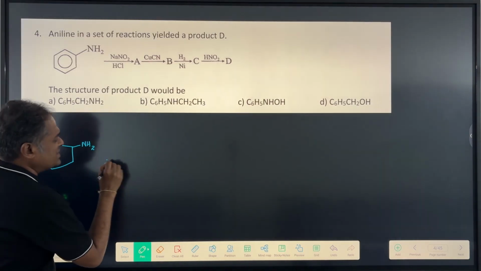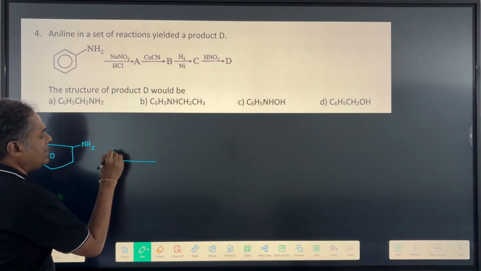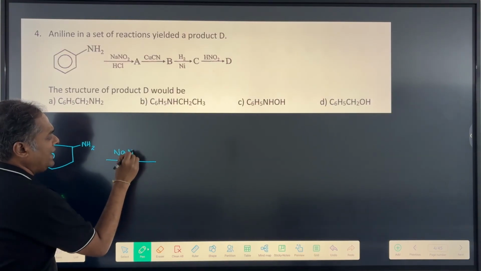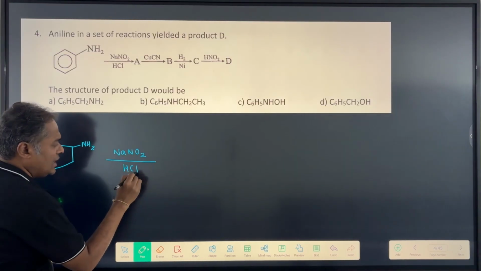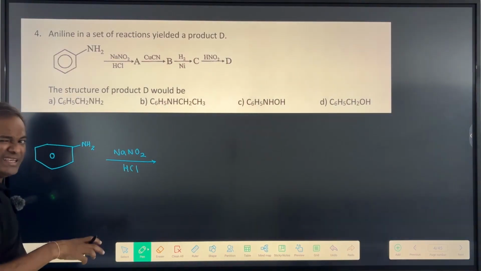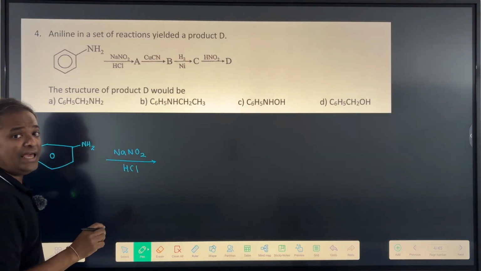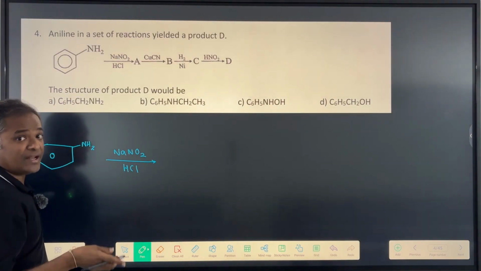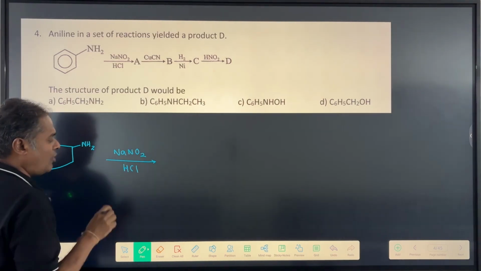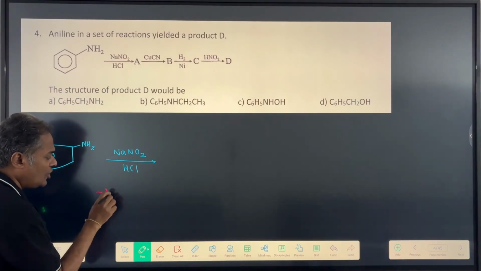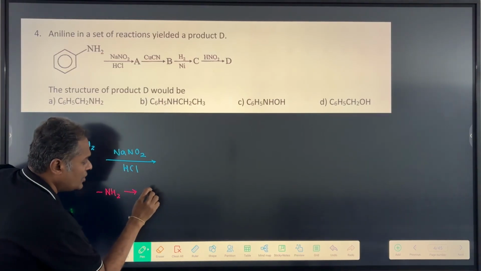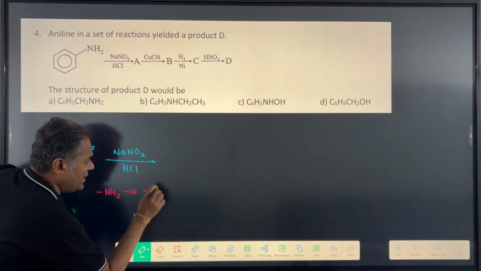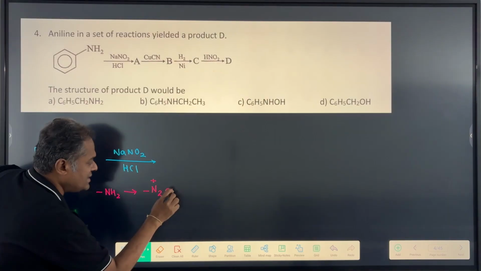Now when you treat this with NaNO2 and HCl, this reaction is known as diazotization, where diazonium salt will be formed. Your NH2 group gets converted to N2+ and Cl-.